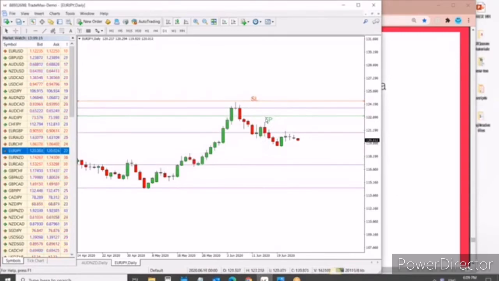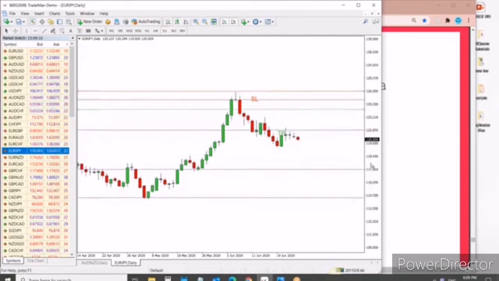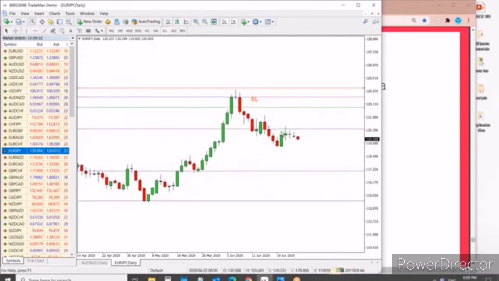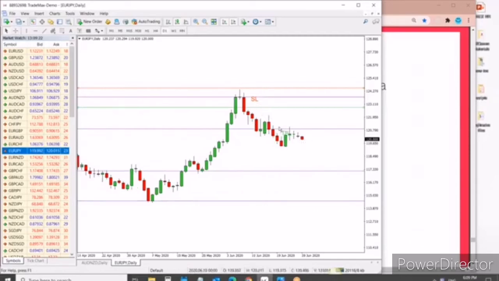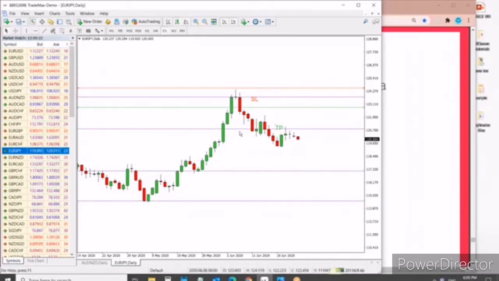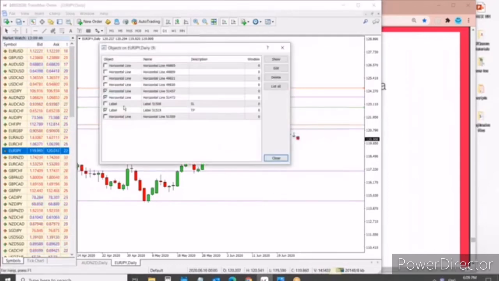Ay, sorry. Nasaan na ba ako? Nandito dapat ang TP. Kulang pa ng line. So ang TP mo is somewhere here. Guys, huwag kayo malito sa line. Maglalagay pa ako ng isa kasi. Gawin natin blue.